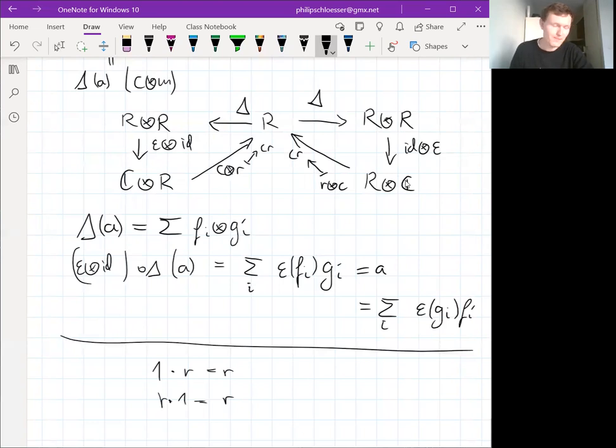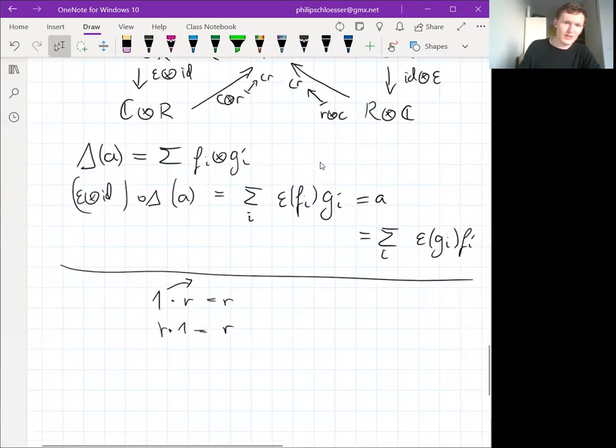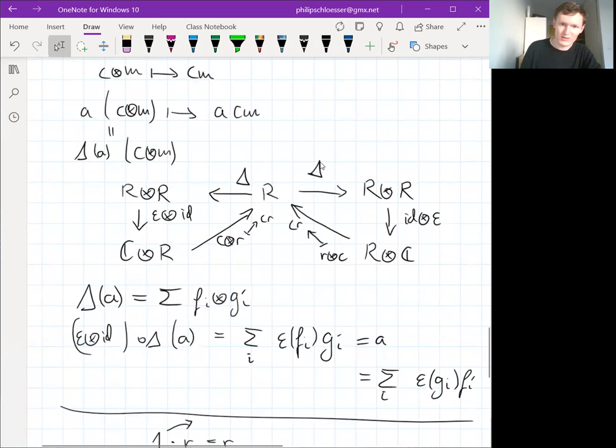And just like the map that sends 1 to 1 is a unit, the map epsilon is what's called a co-unit, and those are called the co-unit laws.